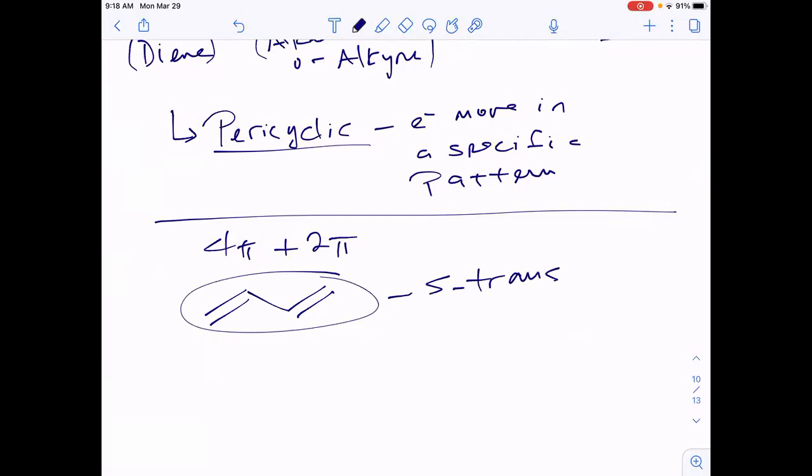And the other conformation that it can exist in is like this. It's called an S-cis. If you remember from part 1, trans has something to do with something being opposite, and cis has something to do with something being on the same side. So let me show you what that means.